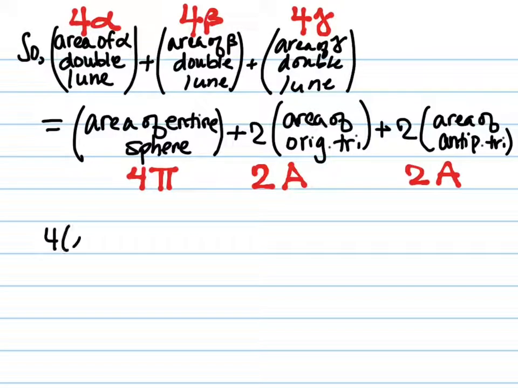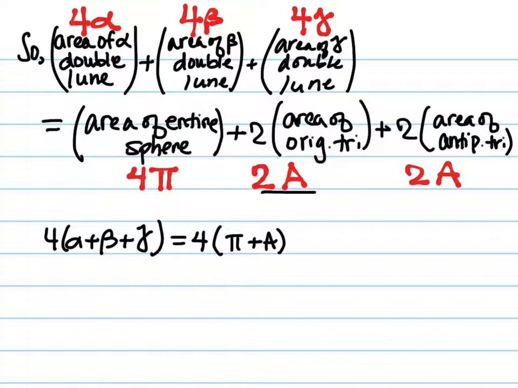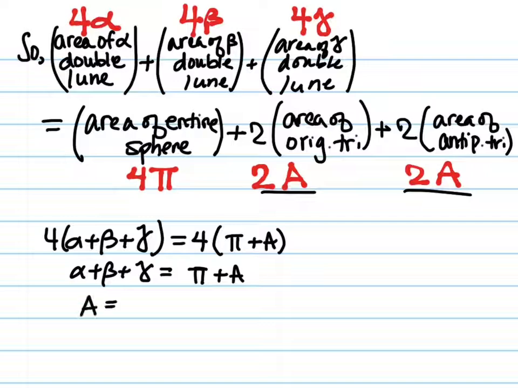So I have 4 alpha plus beta plus gamma, if I add those together and pull the 4 out, equals 4 pi plus A, because 2A and 2A is 4A, so I can pull the 4 out of those. So what we've actually got here is that alpha plus beta plus gamma is equal to pi plus the area of the triangle. And we can set up the equation that the area of the triangle is alpha plus beta plus gamma minus pi.